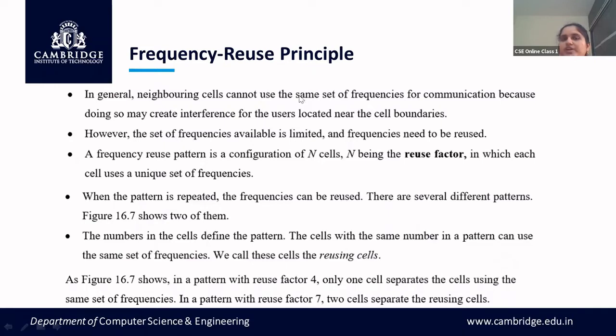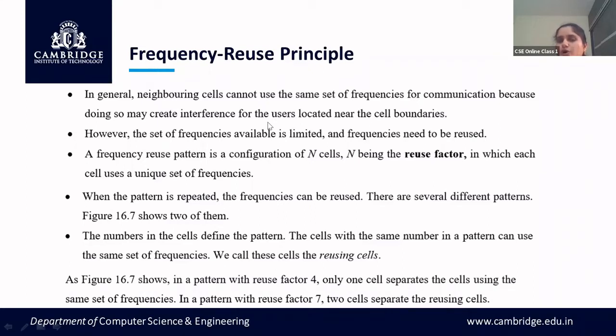One more rule is, whenever you want to reuse a particular frequency, if you have n cells for a particular area or a particular range of frequency, one thing you have to notice is that your neighboring cells cannot use the same set of frequency. Why? Because there can be some interference between those two cells.